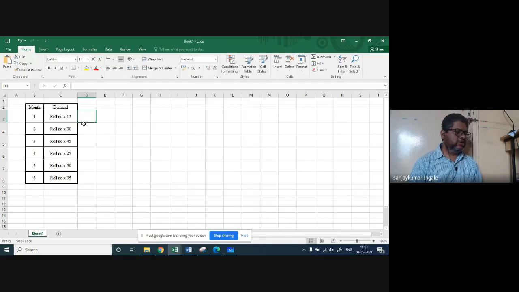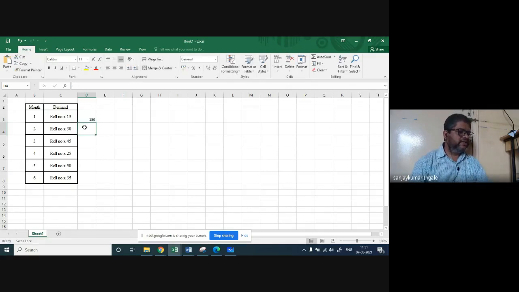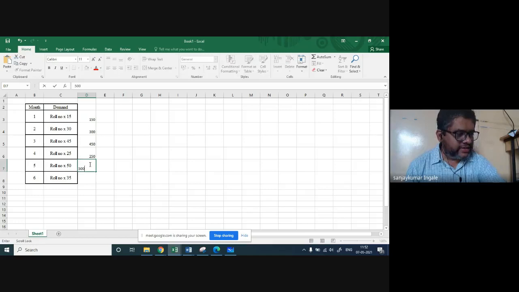So if 10 is the roll number, the demand for the first month will become 150. Each number here is multiplied by the roll number 10. So the demand for the second month was 300, then 450.